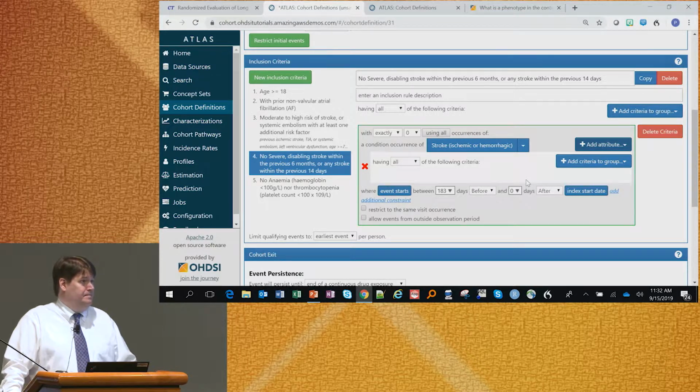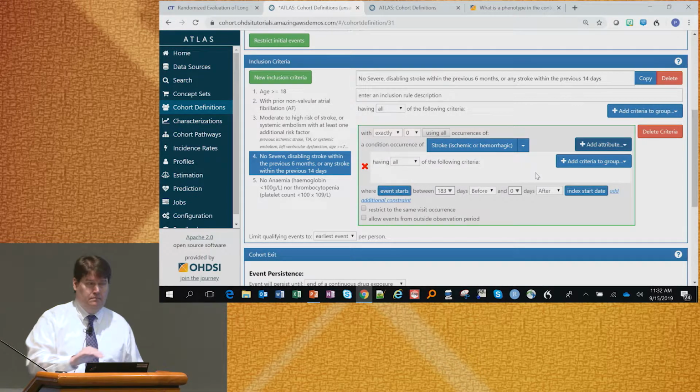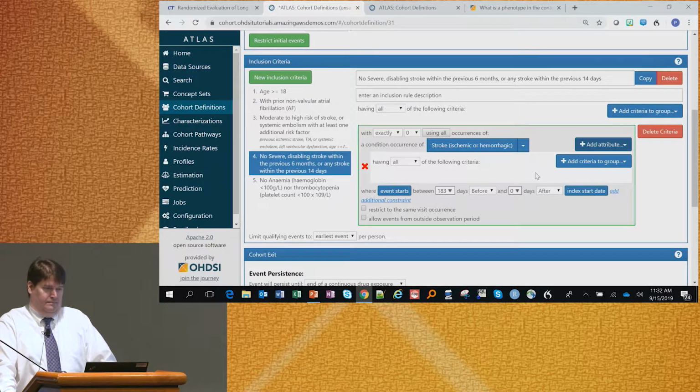Patrick? So I would say this is a big opportunity for our community to try to reach consensus or at least common understanding. To be clear, we're showing this not to say this is the way you should define this. We're just saying here is a way to illustrate how the tool works. But as a community, when we run into the question of how we should define severe and disabling stroke, I would encourage all of you, when you hit that point, let's ask the community, let's talk about it on the forums, let's share alternative ideas, and let's evaluate them so that we can hopefully identify one that becomes a best practice.